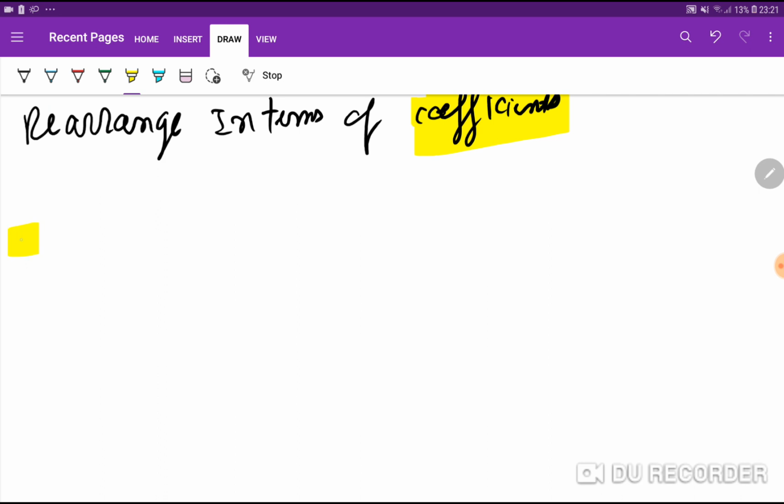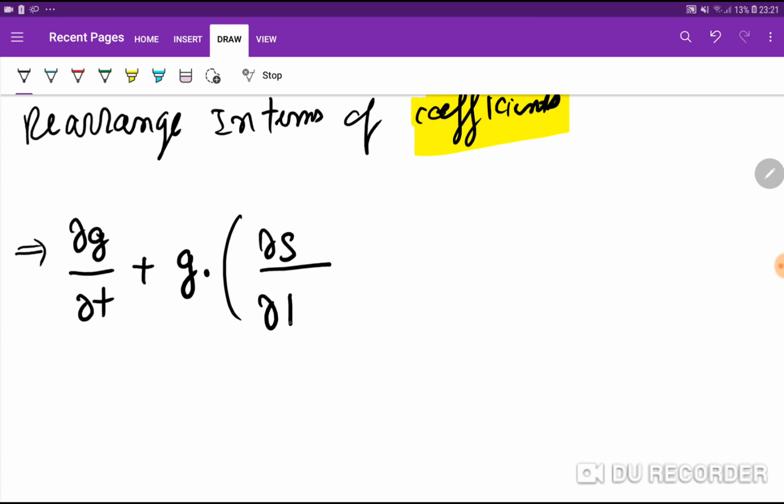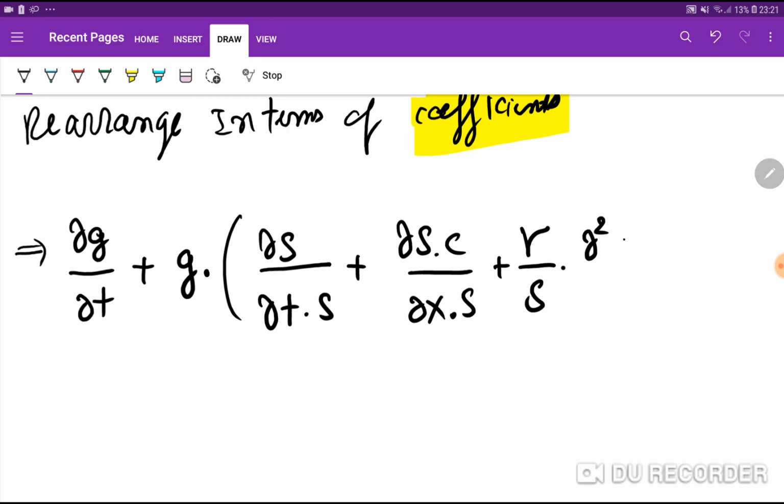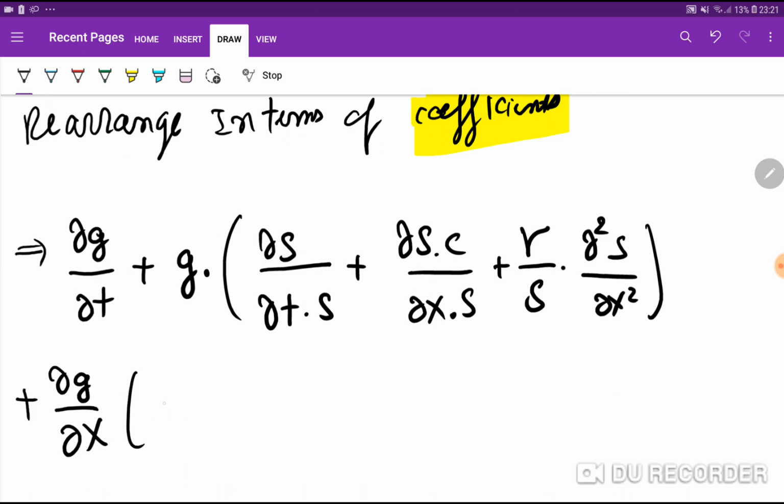So if I do some rearrangement, I'll get partial g with respect to t plus g, times partial s with respect to t times s plus partial s times c over partial x times s plus mu over s times partial square of s with respect to x square, plus partial g with respect to x of c minus mu times 2 over s times partial of s with respect to x.